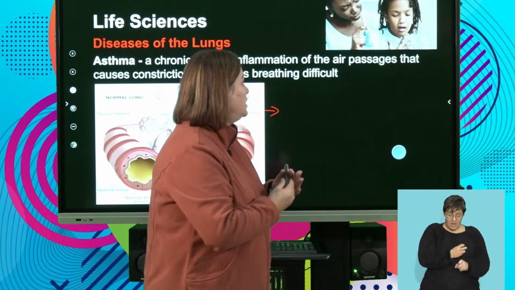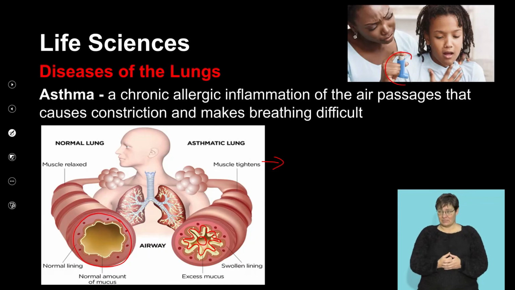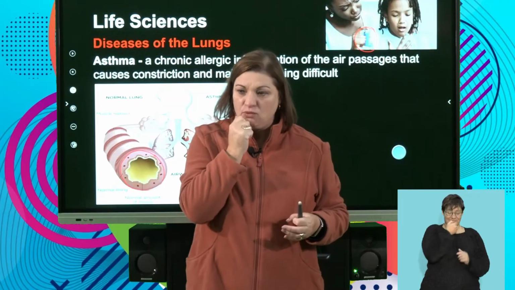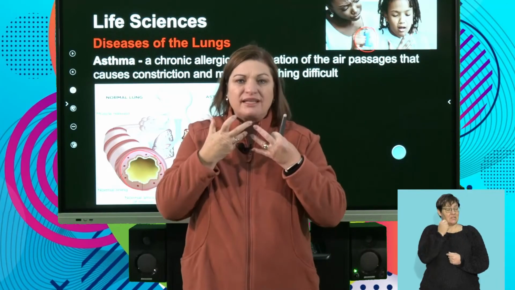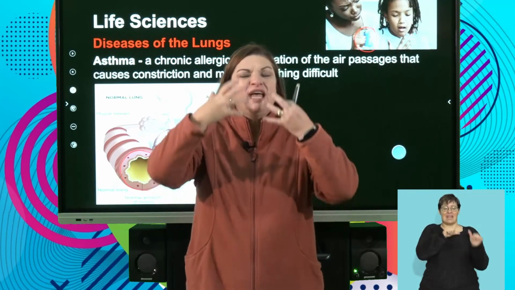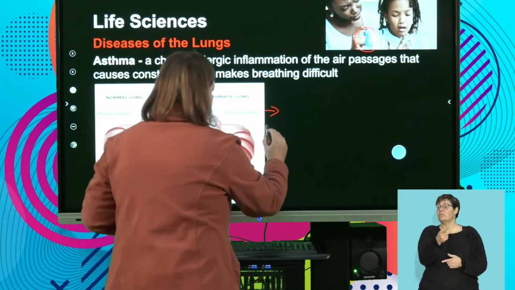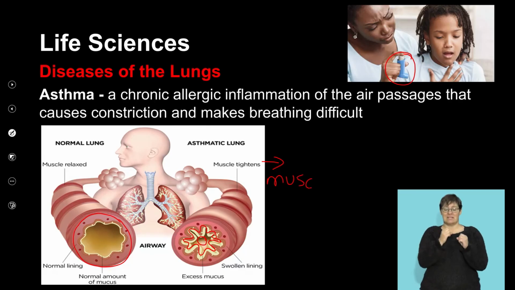So what you will see normally is asthmatics usually have an inhaler. And when they inhale, it's got little chemicals, and because we've got the tubes, it can go directly to it, and one of them will be a muscle relaxant. Because what is the problem? The tubes closed.